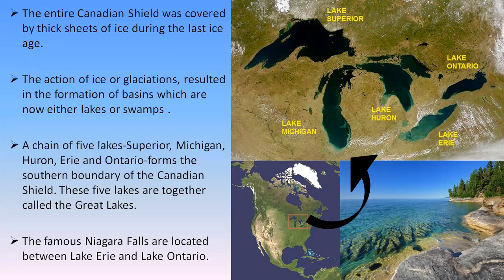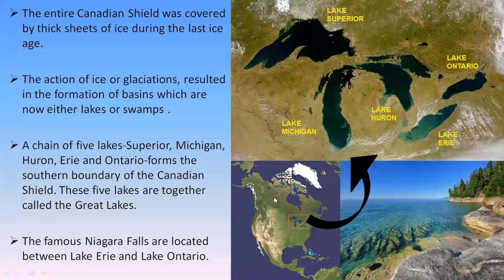In this North American map, you can see this dark greenish color area. Earlier it was filled with ice, almost this whole area was ice covered.